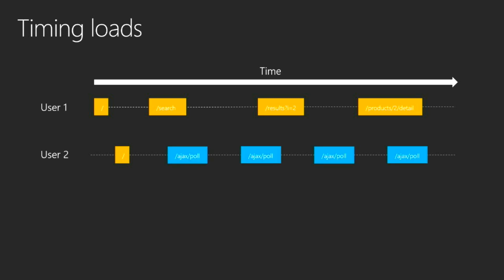Something else which is really commonly missed in load tests is if you've got an app that does a lot of AJAX, so it's got a lot of JavaScript, some load testing tools will ignore that.